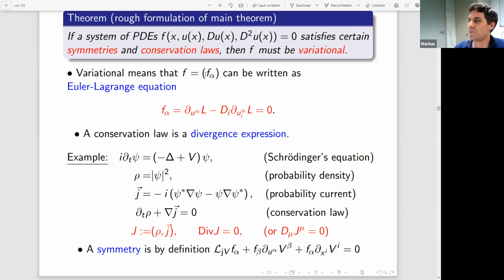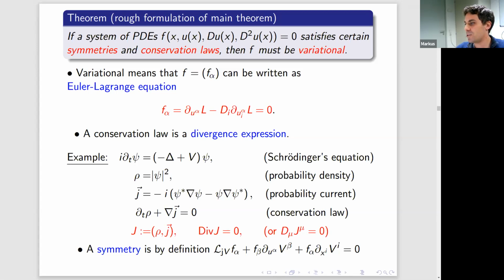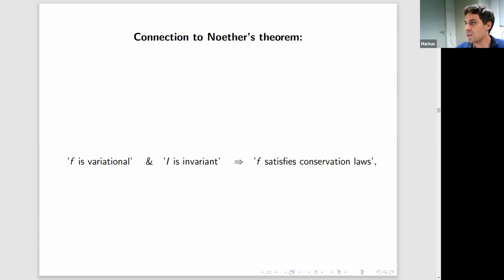So in my talk I will make everything a little bit more precise and explain, for example, why we define the symmetry like this. I will also tell you more about conservation laws and variational problems. But before we do this, I will make a connection to Noether's theorem.